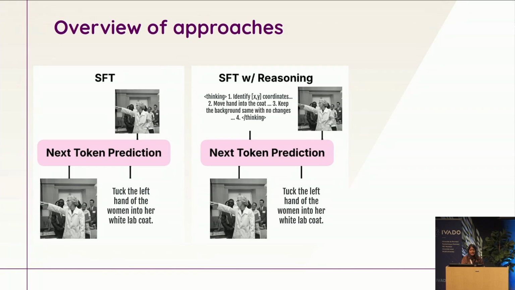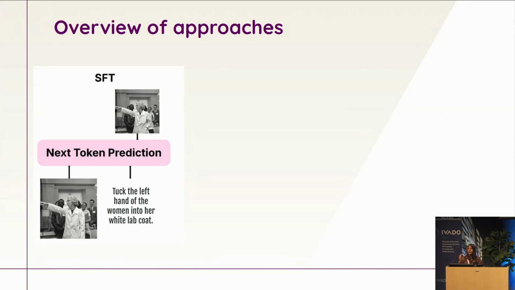Okay, so we tried basically three approaches here, and we were interested in seeing in a very controlled manner which approach performs better, and one of our main focuses here was how do we achieve better performance for complex edits, because these are really the more challenging ones.